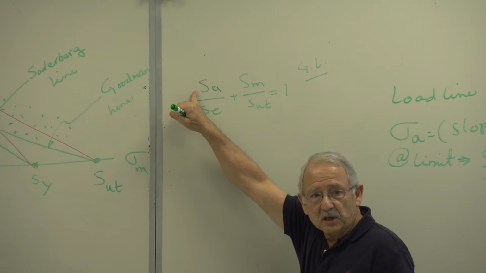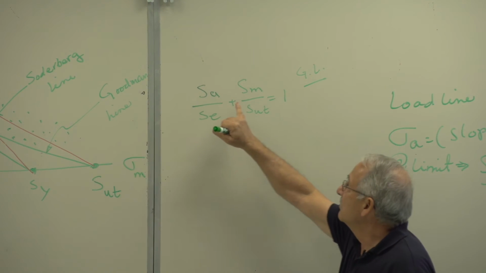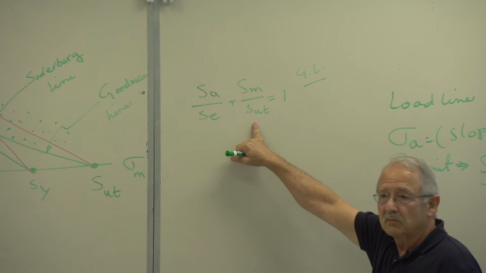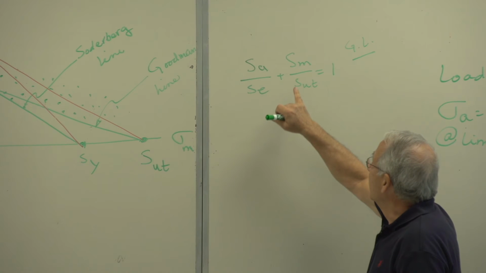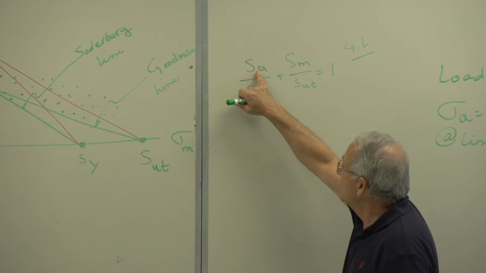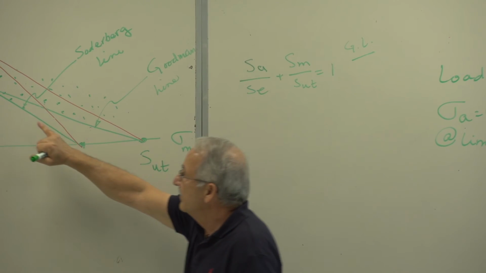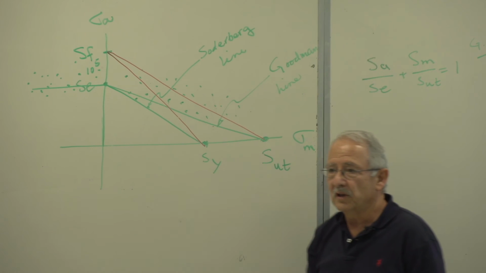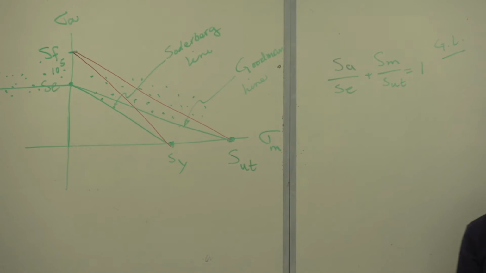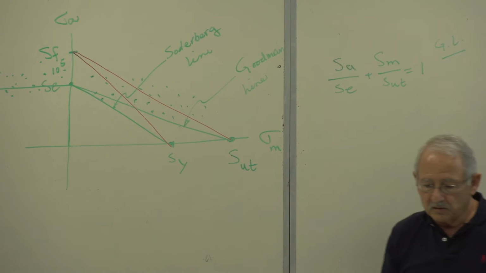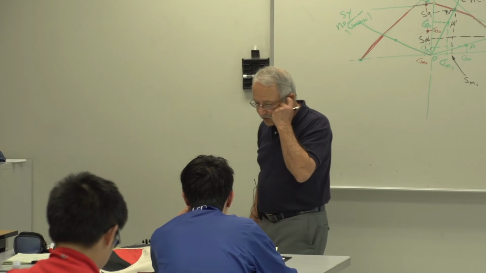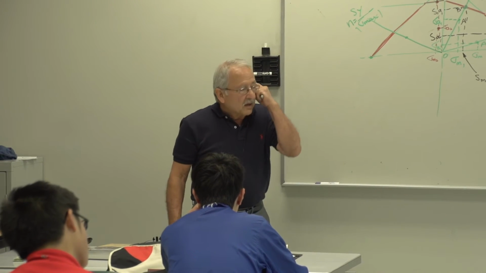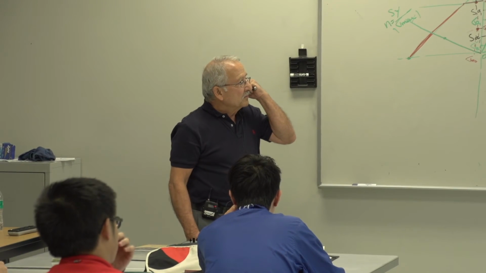If SA or sigma A is 0, SM equals SUT. If SM or sigma M is equal to 0, SA equals SE. Two points on that straight line, that's the equation of that straight line. I'll demonstrate this in an example problem. Well, actually, no. It's on the screen, and you do have its solution.